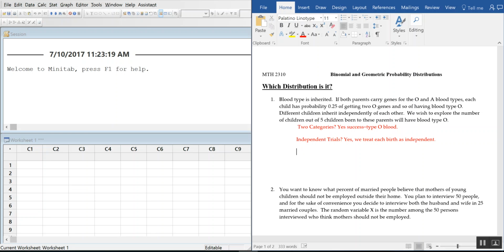Next up, we want to ask ourselves, is the p always the same? Just as a quick reminder, p is your probability of success. And for us, it's always the same. We're using the same two parents every time, and therefore we always have the same probability that they have type O blood. So this would be a yes. Each child has the same chance. Same probability.